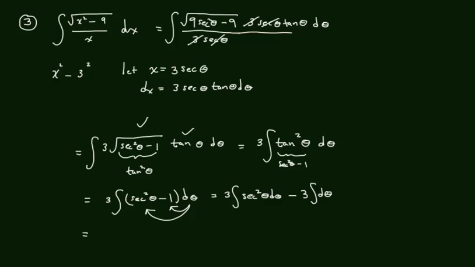So this is 3 times tangent of theta minus 3 times the integral of d theta with respect to theta, or 1 d theta. So the integral of d theta is just theta plus c. Okay, there it is. There's the theta portion.